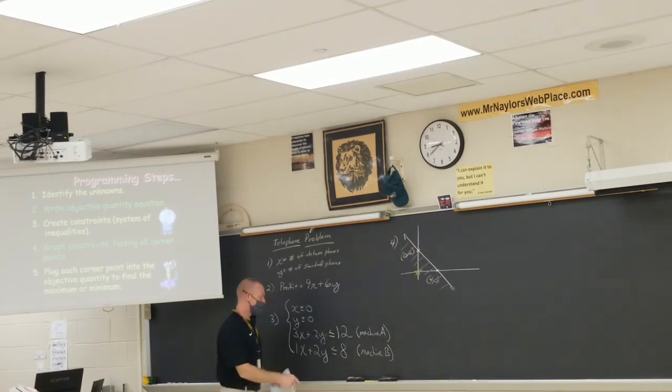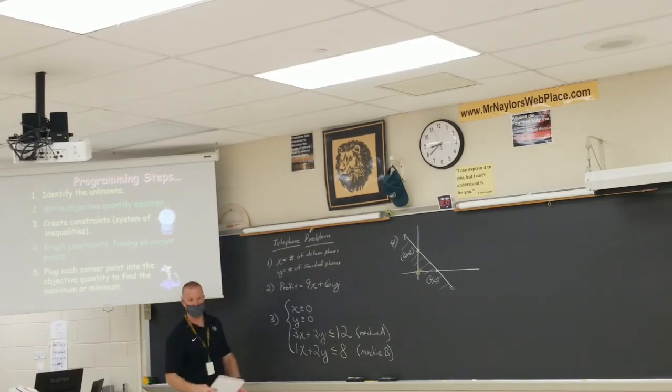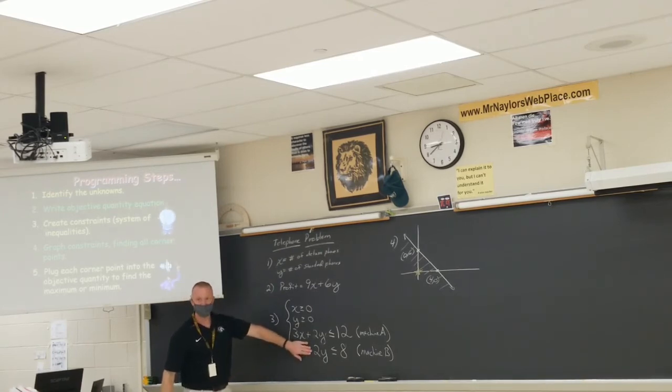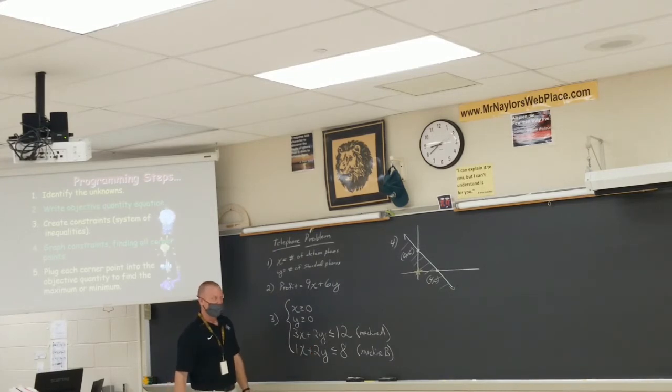Now, I would encourage you to think about graphing the other constraint. And I would encourage you to think about doing it by plugging in some zeros. Because, again, it's usually pretty easy to plug a 0 in for x and solve for y, and vice versa.